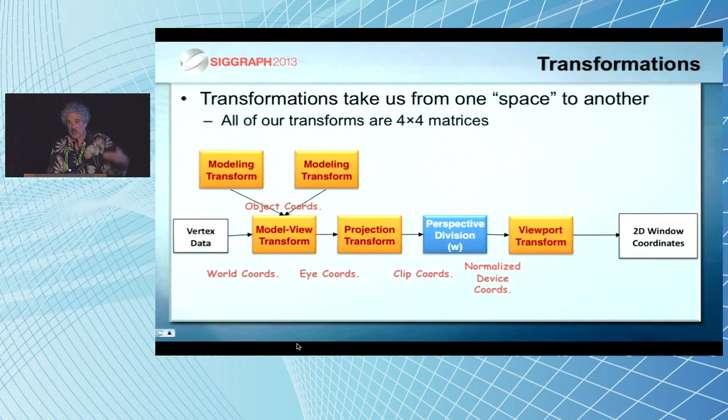Then we do the projection, which takes care of what the camera does, how it distorts things depending on the lens, and also on the size of the camera. How much can that camera see? How big is the film plane? That's the projection transformation, and it involves a process called clipping. And clipping says, look, everything that's outside of this volume that the camera can see, I'm going to throw away.